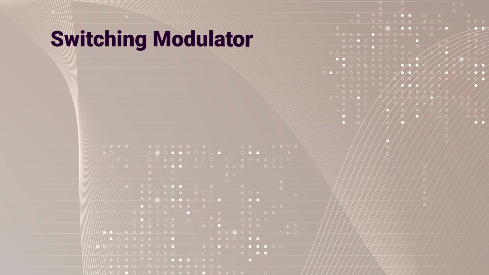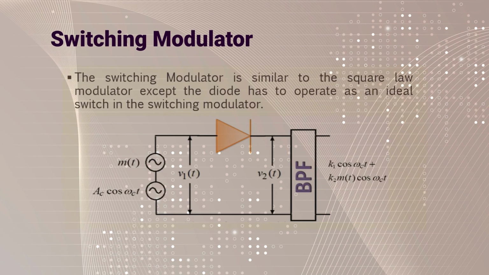Now, the second method for generating the amplitude modulated signal is the switching modulator. The switching modulator is similar to the square law modulator, except the diode has to operate as an ideal switch in the switching modulator. This diagram represents the circuit diagram for the switching modulator.